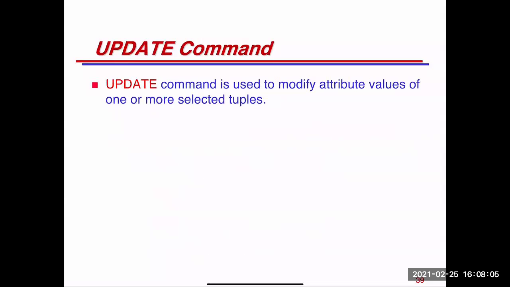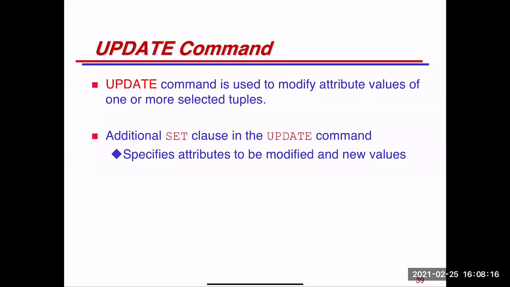The third command that I want to mention is the update command. That is used to modify attribute values of one or more selected tuples. So you can add an additional set clause to your update command. That will specify the attributes to be modified and also the new values. Again, let me give you an example.